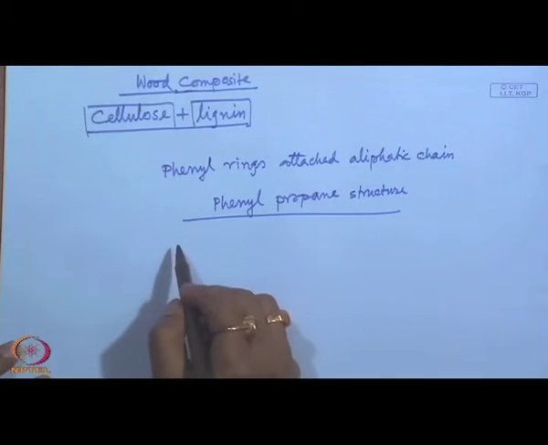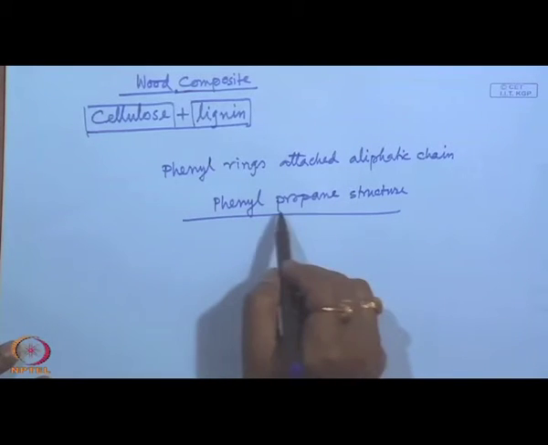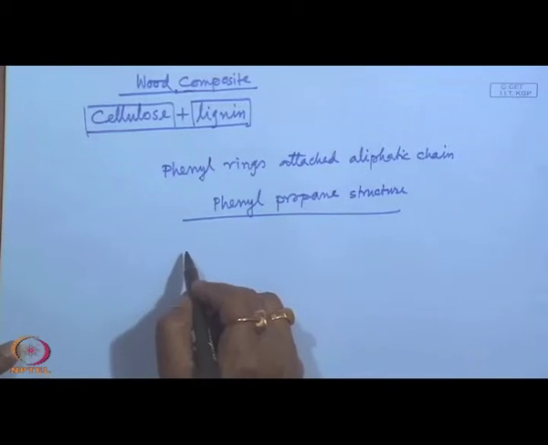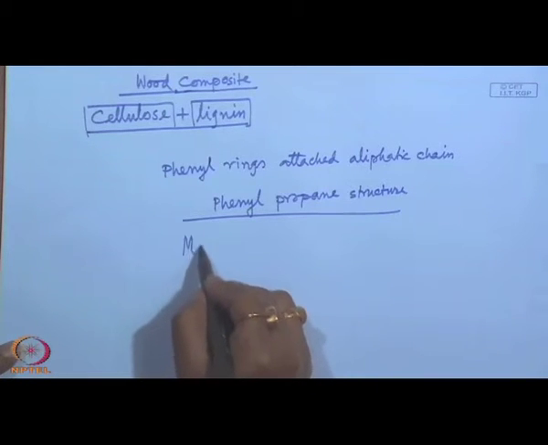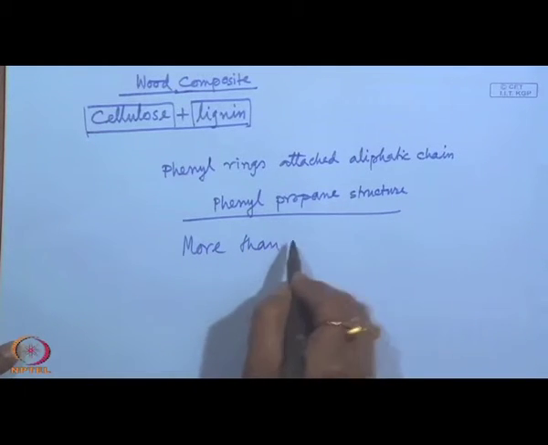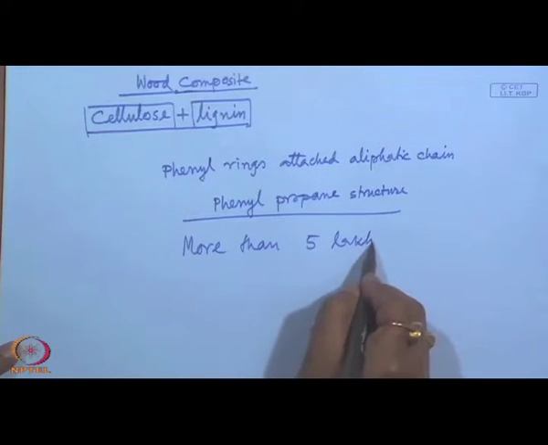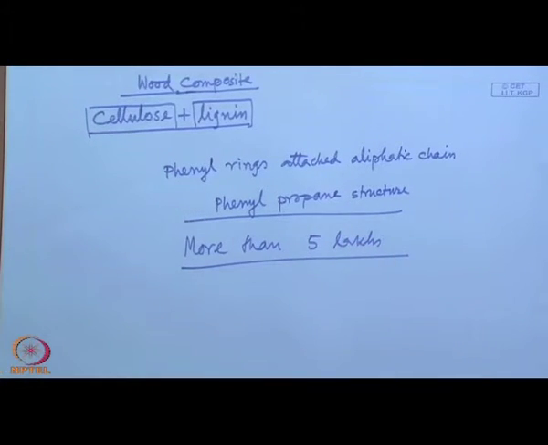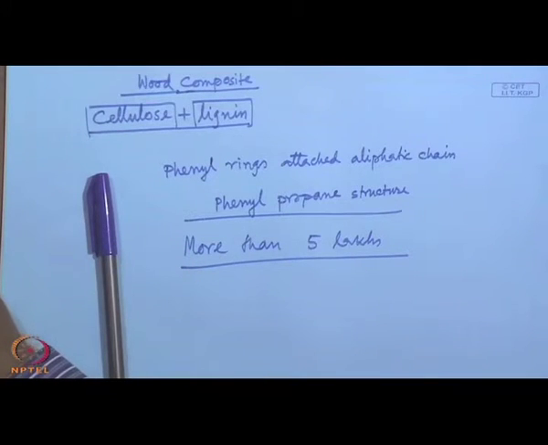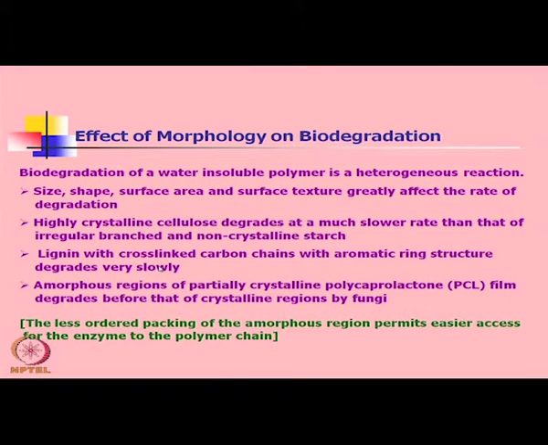There are a lot of linkages between such phenyl propane units and the molecular weight becomes more than 5 lakh Dalton. So, that is the high molecular weight lignin, and that lignin when cross linked with carbon chains with aromatic ring structure etcetera also degrades very slowly. Not only that, this phenyl propane structure contains some phenolic groups.